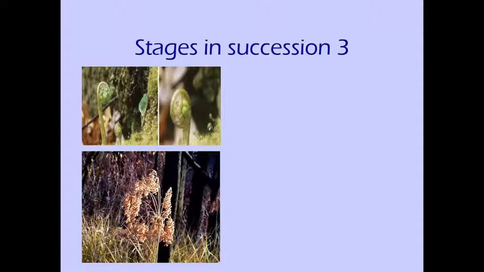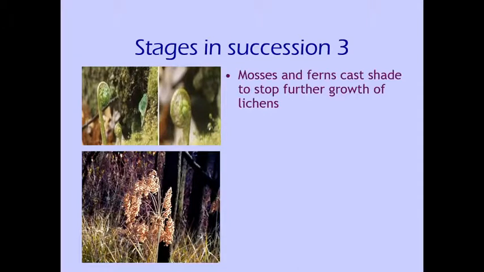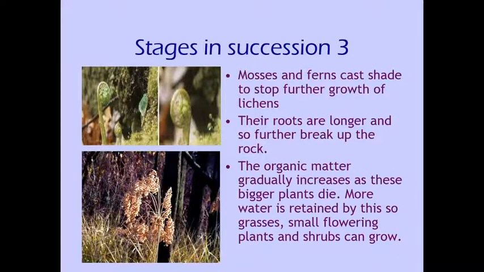Stage number 3: after that, we have moss and fern, and, as we said, they kill or stop further growth of lichens.